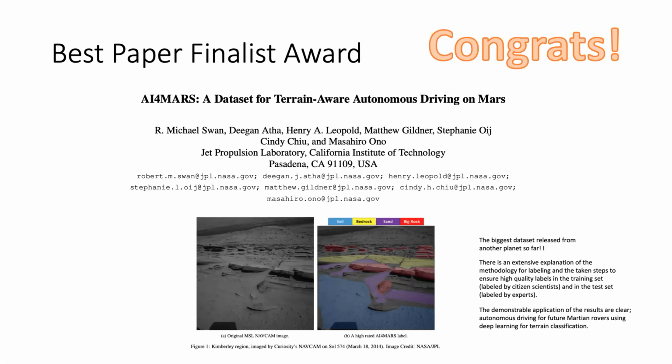Extensive explanation of the methodology and also the steps taken to get these high quality training data sets. And the demonstrable application of the results are clear: autonomous driving on future Martian rovers. Congratulations to the team, first author Michael Swan and his colleagues as well. Thank you very much.